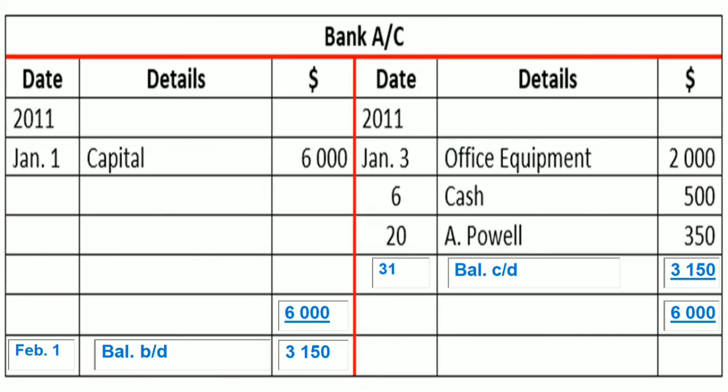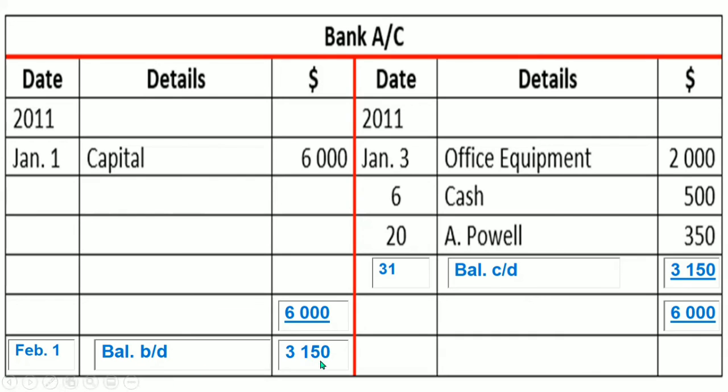In this case, the account would not be an asset, but a liability. And therefore, that credit balance is seen as bank overdraft. Okay, so once the account carries a debit balance, it means that the balance BD is on the debit side. If the balance BD is on the credit side, it means that it has a credit balance.